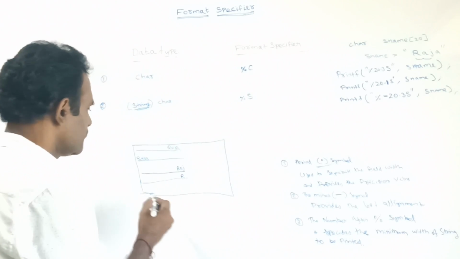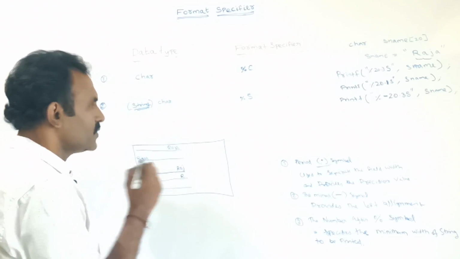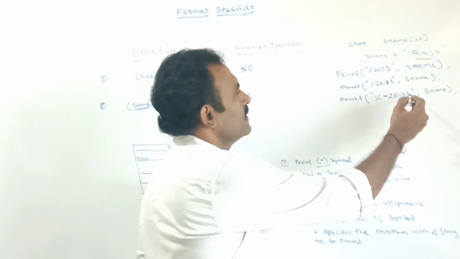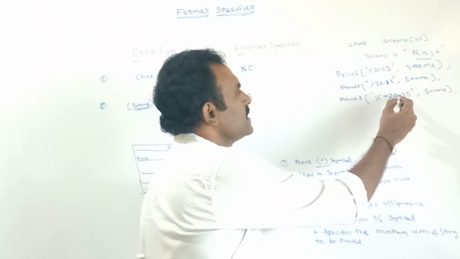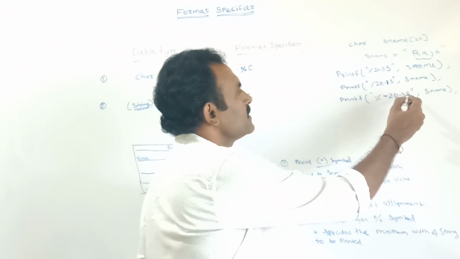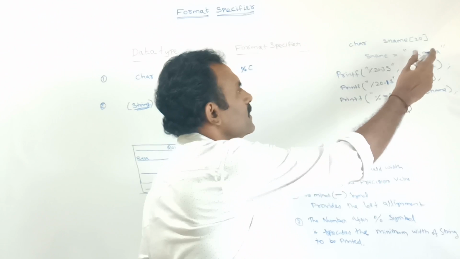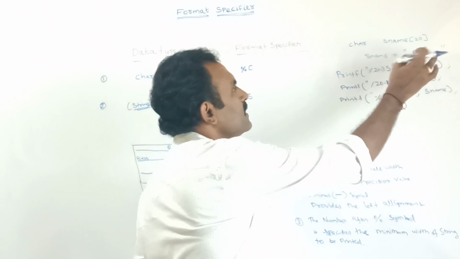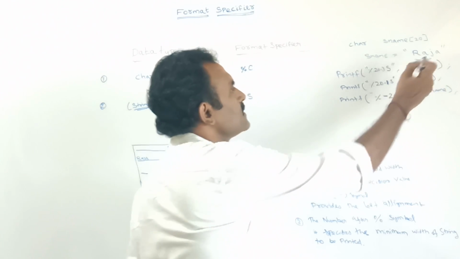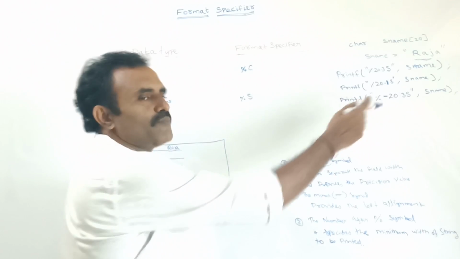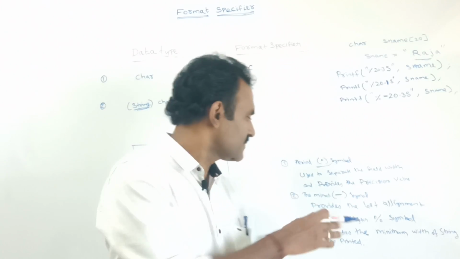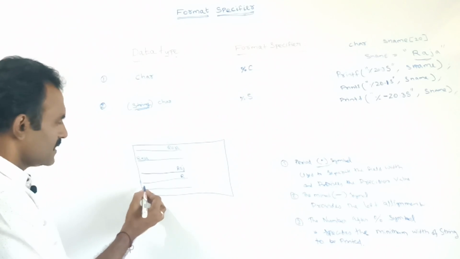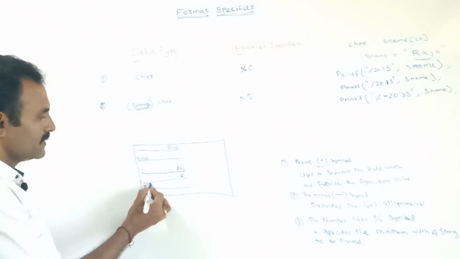Here it will take the space up to 20, and here the precision value is 3. That means in student name, that is variable s name, it will take 3 letters. Where will it print? It is minus. Minus means left alignment. So here it will print it as RAJ.